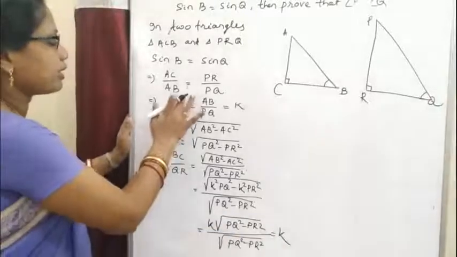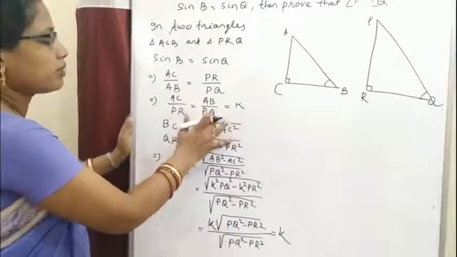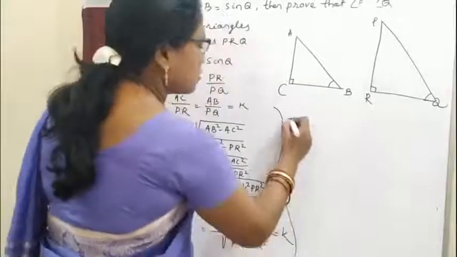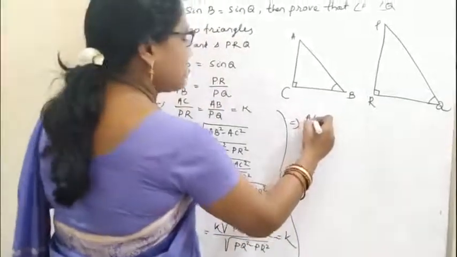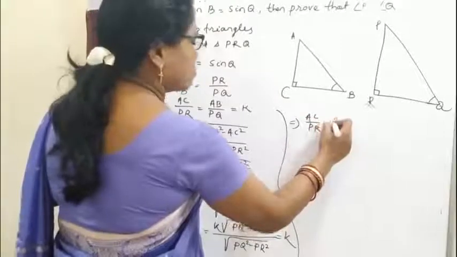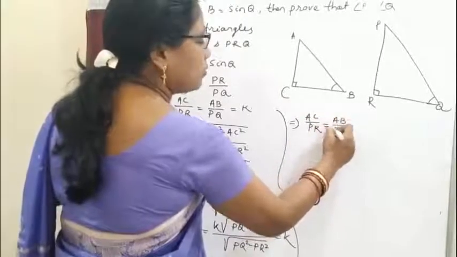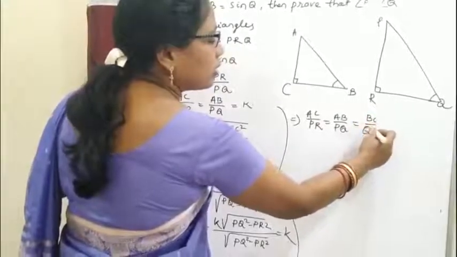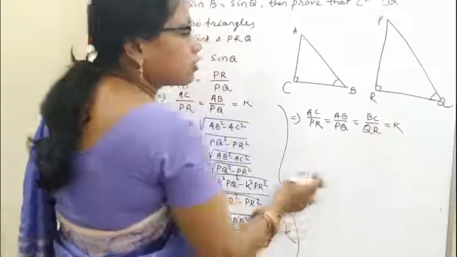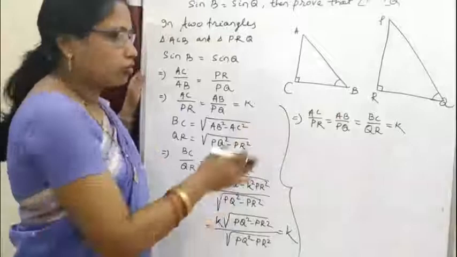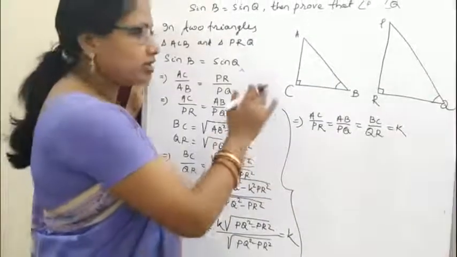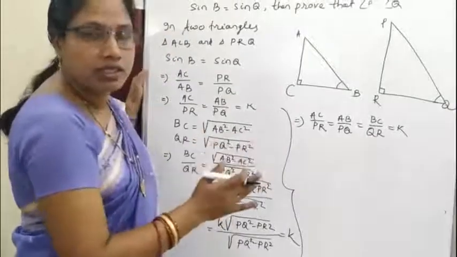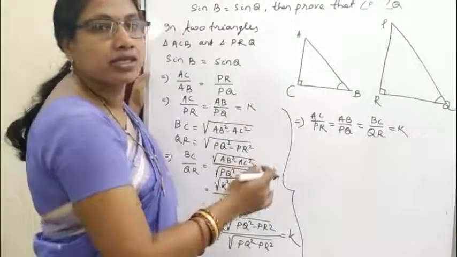Here we have taken AC by PR is equal to AB by PQ is equal to K. So this implies AC by PR is equal to AB by PQ is equal to BC by QR is equal to K. So in our triangle chapter we know that if all the sides of two triangles are in the same ratio, then these two triangles are similar.